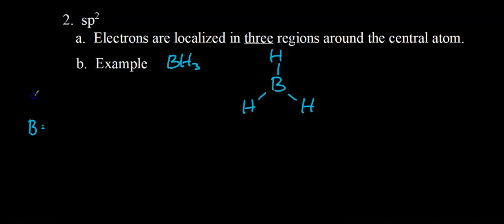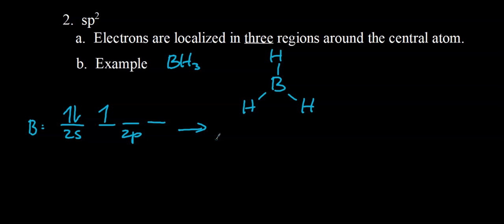Let's again look at the orbital diagram for the valence shell of boron. Boron has two electrons in the 2s sublevel and one electron in the 2p. Looking at the skeletal structure here, boron needs to be able to form 3 covalent bonds. It needs 3 electron groups. In order to form 3 covalent bonds, boron needs 3 half-filled orbitals.